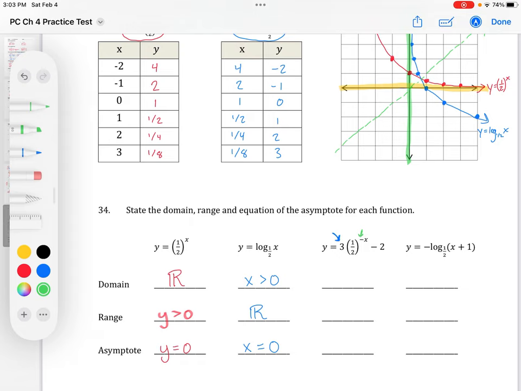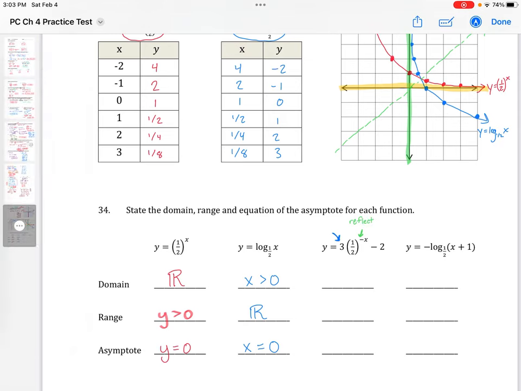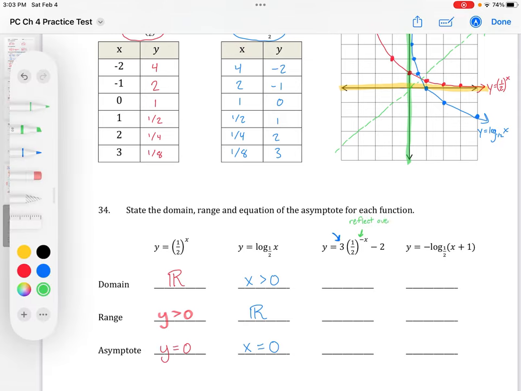That's like having a negative in front of the parentheses, and what that does is it reflects over the y-axis. If you think of reflecting y equals 1/2 to the power of x, it's still all going to be above the x-axis. So that's not going to actually affect our range.